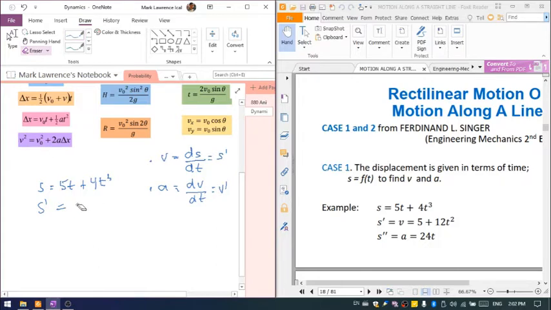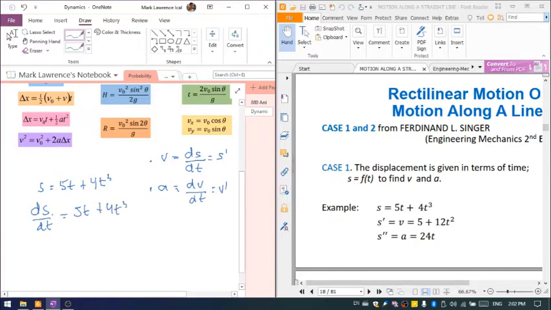Since we're looking for s prime, or velocity, differentiating s with respect to time is equivalent to differentiating 5t plus 4t cubed.